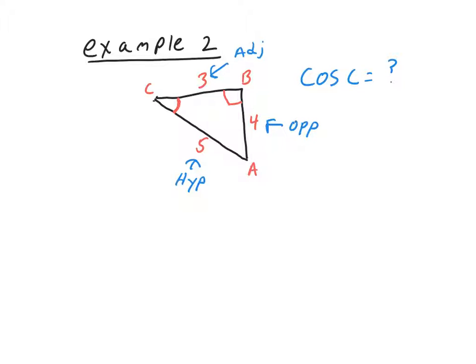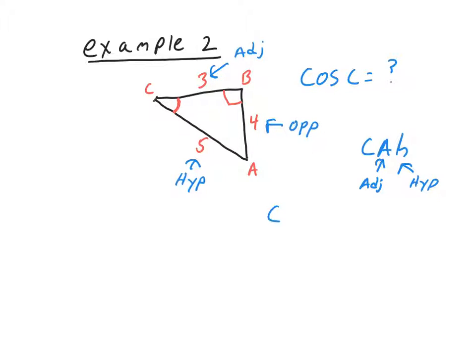Okay, so cosine is the CAH part of SOHCAHTOA. Or you can think of some old hippie came a hoppin'. Either way, it's the adjacent over the hypotenuse.